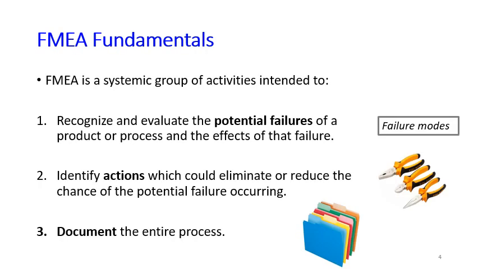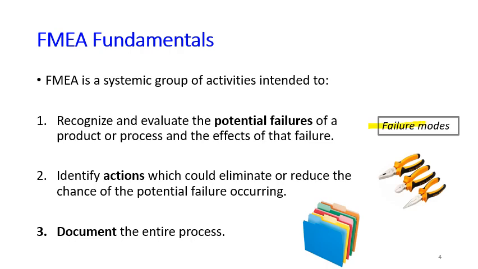So FMEA is really a systematic group of activities. There are three main activities in FMEA. First, we need to recognize the potential failures. What can cause failures in this product? And these are called the failure modes.